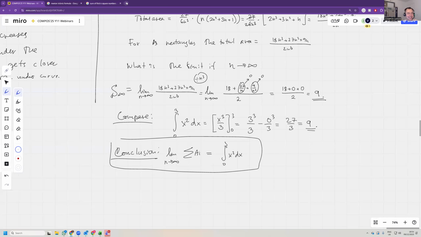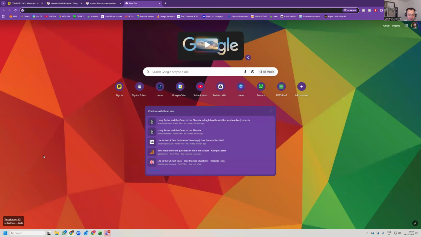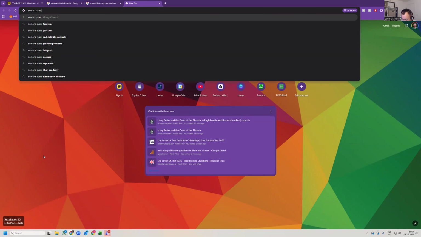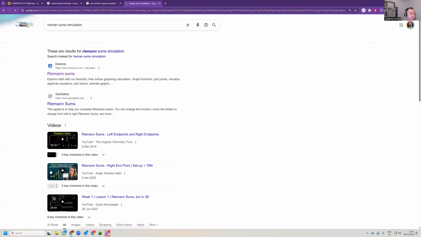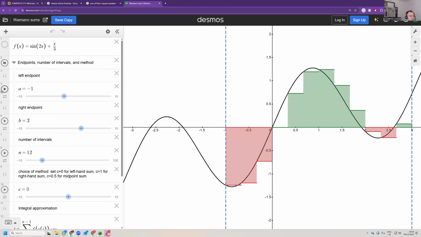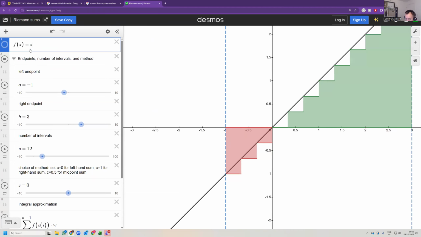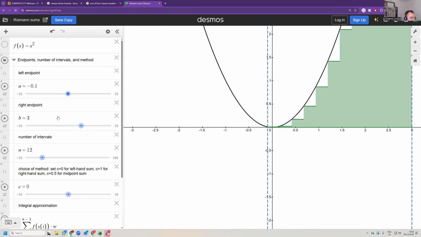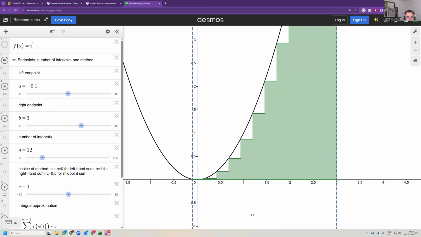Now, let's visualize it a little bit more. Riemann sums simulation. Let's say x squared, left endpoint is 0, right endpoint is 3.